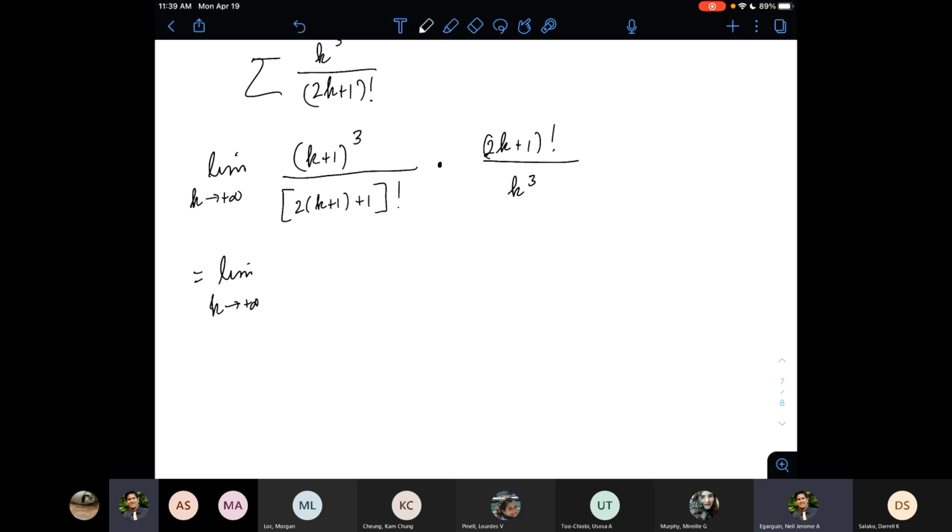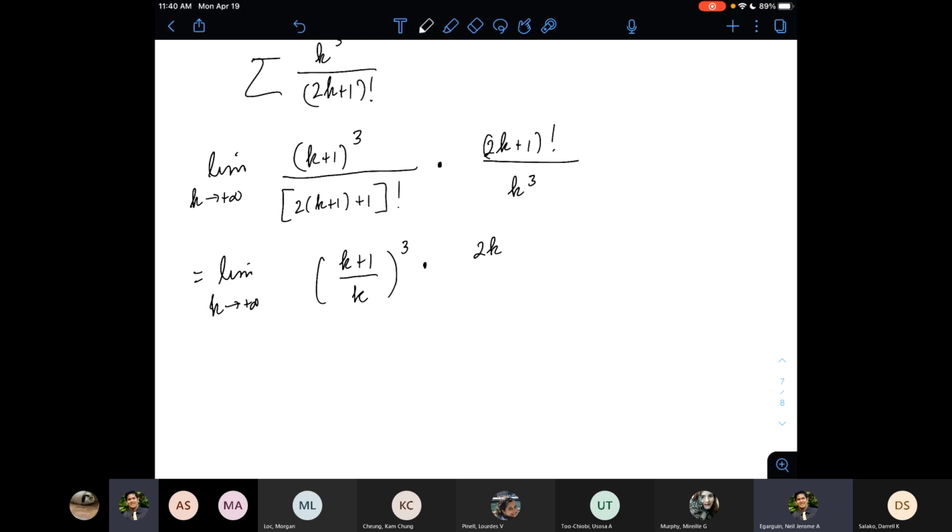Then we evaluate. So I'll put these together in a single fraction. So I'll have (k plus 1) all over k to the power 3, laws of exponents, times the factorial.